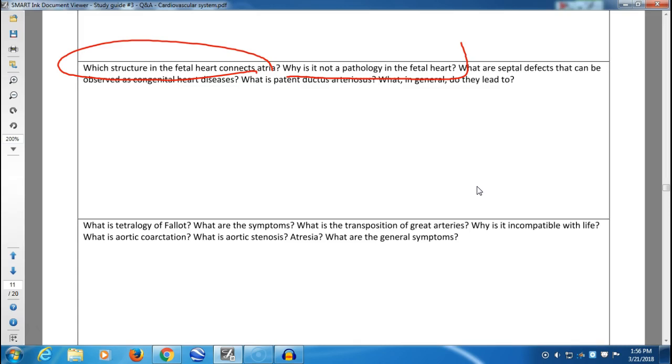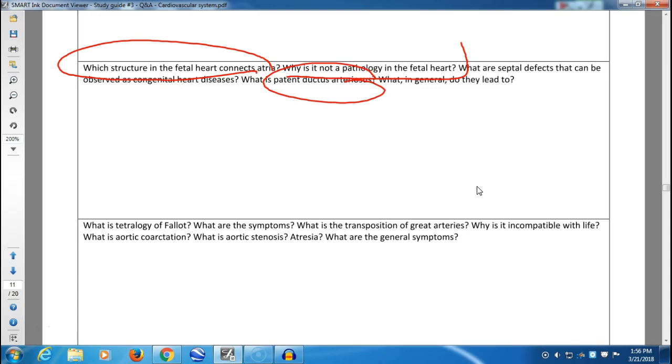Okay, septal defects. I'm going to be very clear what I expect you to know. You need to know that there can be interatrial septal defects and ventricular septal defects. That's it. Patent ductus arteriosus means that the aorta and pulmonary trunk are connected.